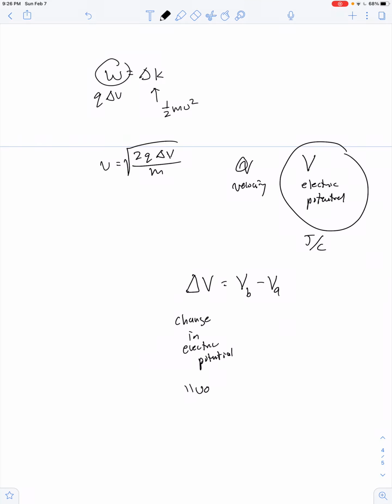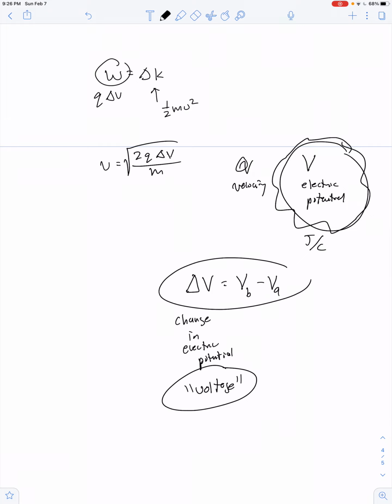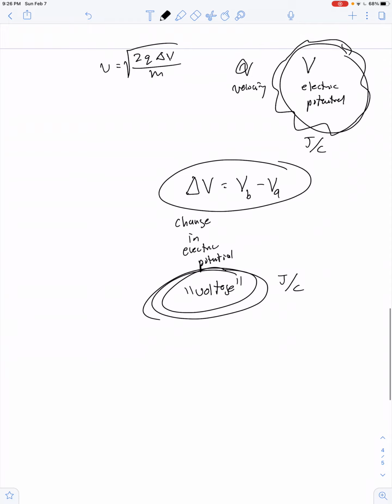We call that a voltage. Okay, we don't call this voltage, we call it electric potential. But whenever we calculate a difference in two values of electric potential, then we can refer to that as a voltage, which of course is also going to be in joules per coulomb.